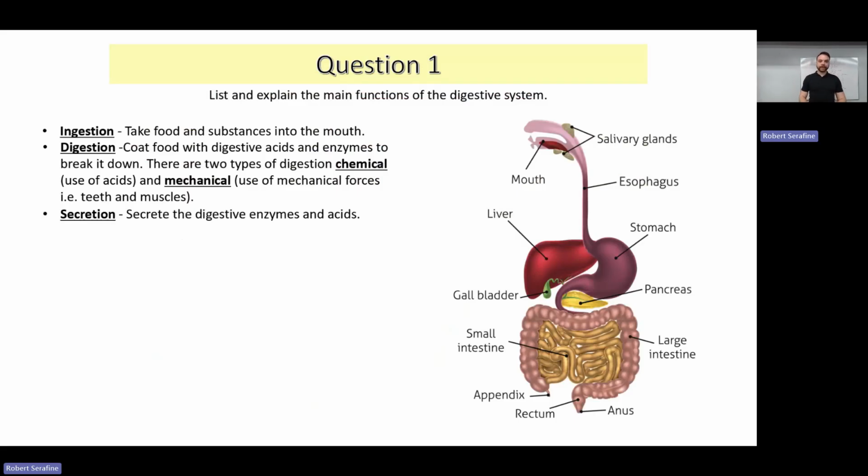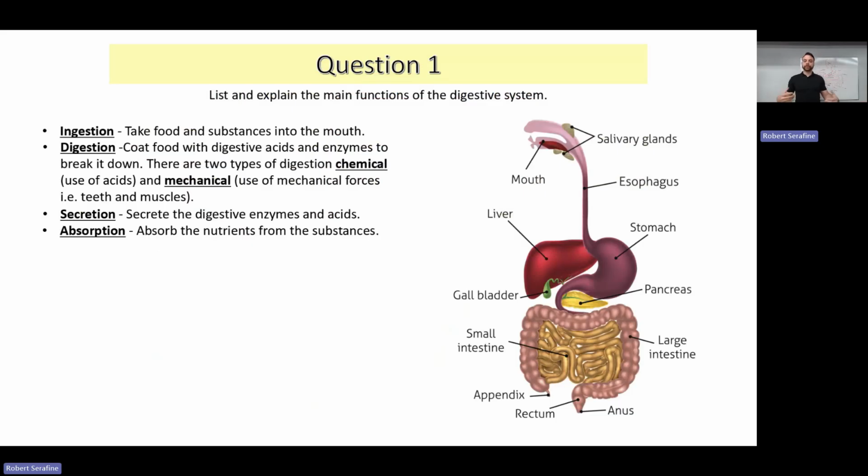Secretion. So as we will see, the digestive system can secrete various enzymes, various acids, as well as certain hormones that will help with digestion as well. As we remember from the endocrine system, we did learn about a few particular hormones that help with digestion and all that good stuff. So we do find that the lining of the GI tract can secrete those enzymes.